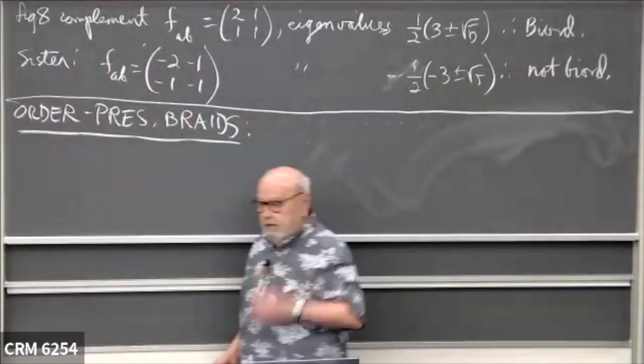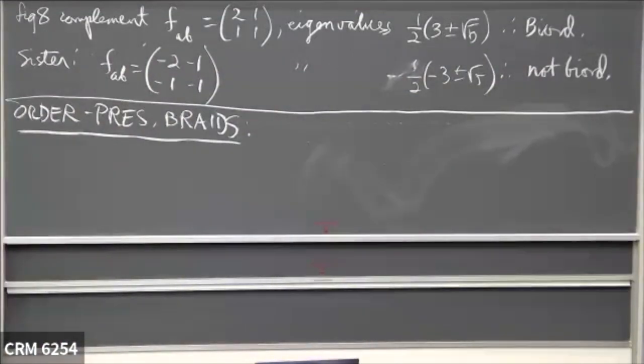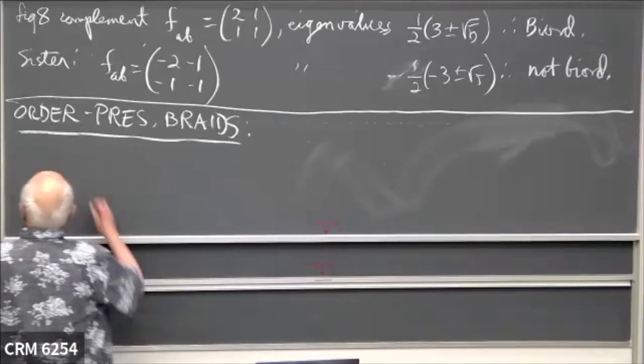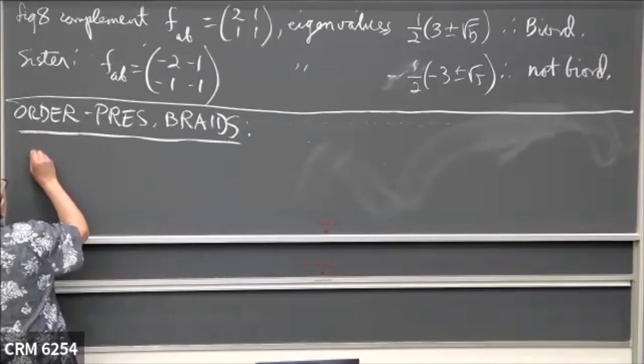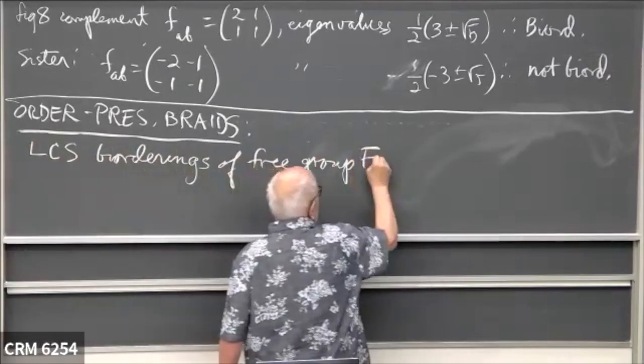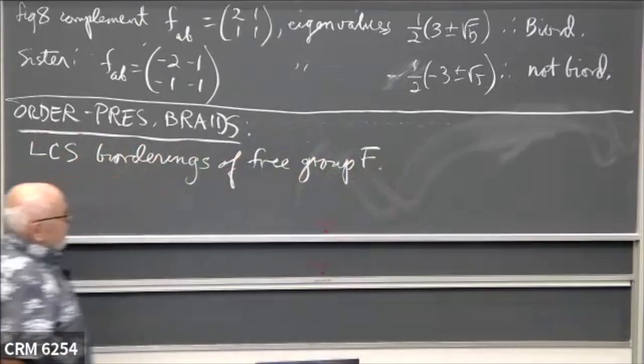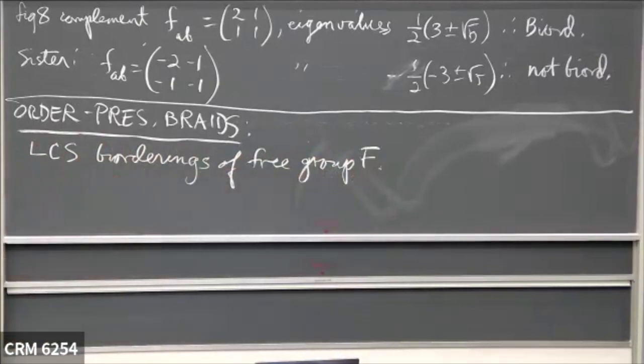First of all, let me point out that free groups are bi-orderable. There are many ways to do this. Let's say F is of finite rank. I'm not going to put a subscript because I'm going to talk about the lower central series. That's what LCS stands for.